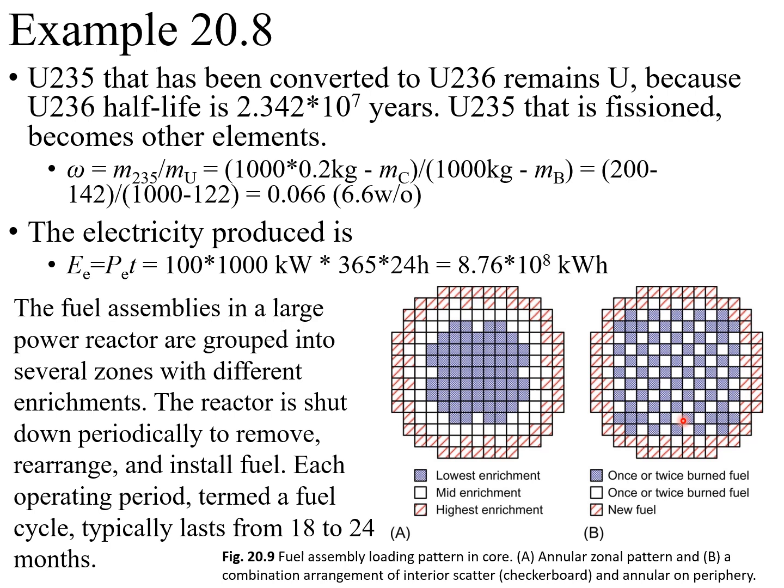Each operating period, or fuel cycle, typically lasts from 18 to 24 months. During the refueling period, the engineers will replace roughly 1/3 of the fuel assemblies and rearrange the rest with the new fuel assemblies. Then the reactor will be restarted again for the next fuel cycle.